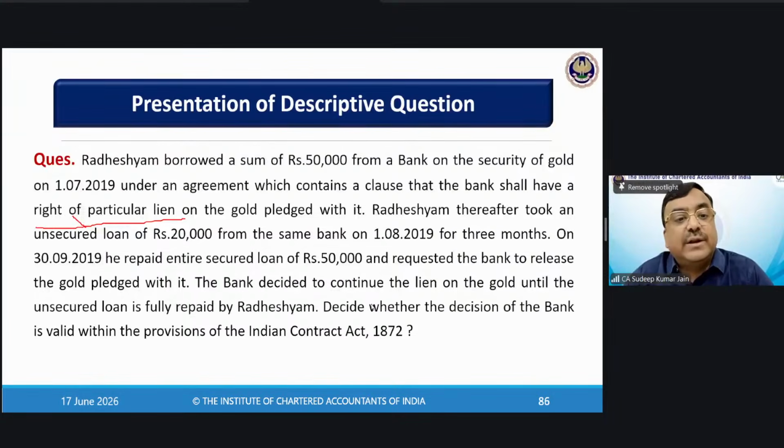Radheshyam thereafter took an unsecured loan of rupees 20,000 from the same bank on 1st August 2019 for 3 months. On 30th September 2019, he repaid the entire secured loan of rupees 50,000 and requested the bank to release the gold pledged with it. The bank decided to continue the lien on the gold until the unsecured loan is fully repaid by Radheshyam. Decide whether the decision of the bank is valid in accordance with the provisions of the Indian Contract Act 1872.